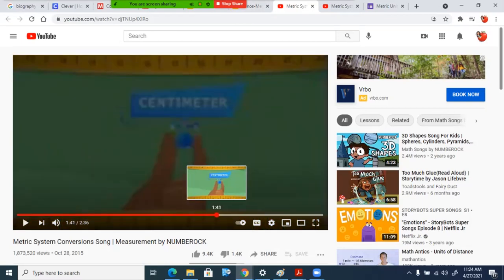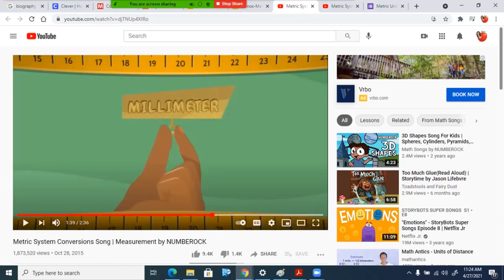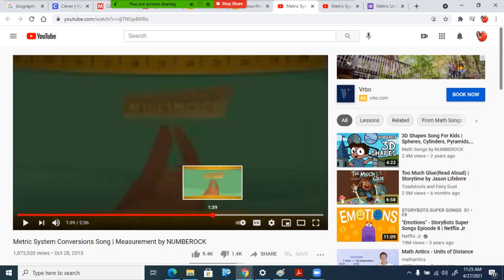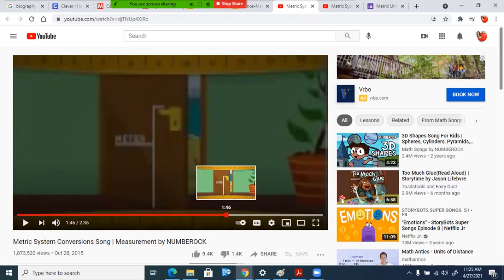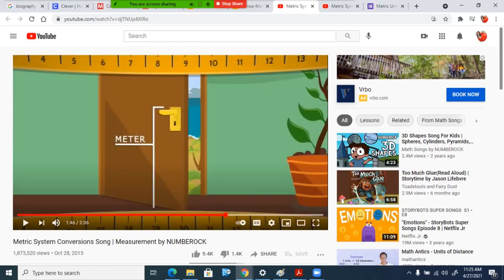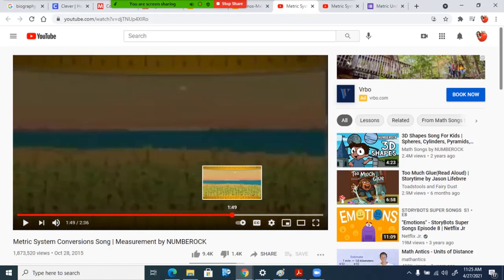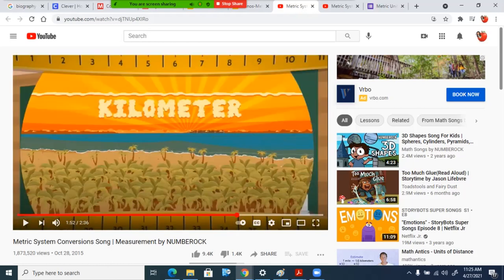So 10 millimeters, or 10 grains of sand, would equal 1 centimeter. Then 100 centimeters would be 1 meter. And then 100 meters is 1 kilometer. I mean, 1,000 meters is 1 kilometer. Okay.